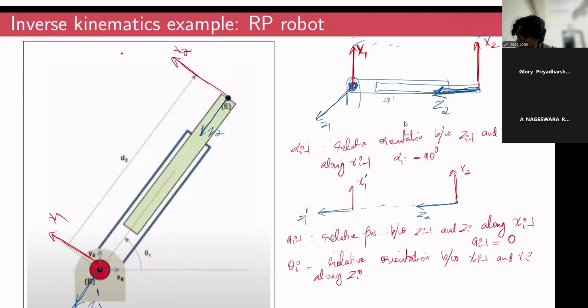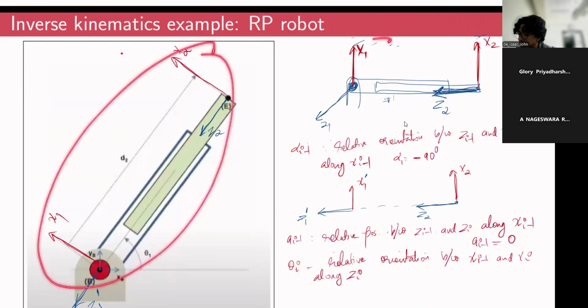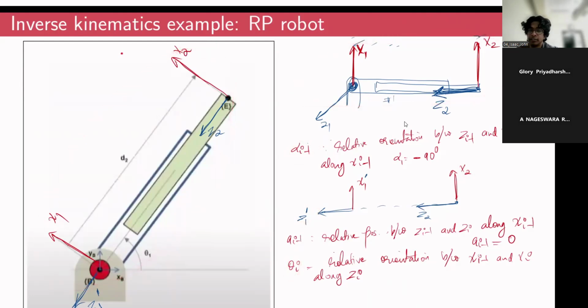Theta i is the relative orientation between x1 and x2 along z2. They are basically parallel, so theta i in this case is going to be 0 for a prismatic joint.